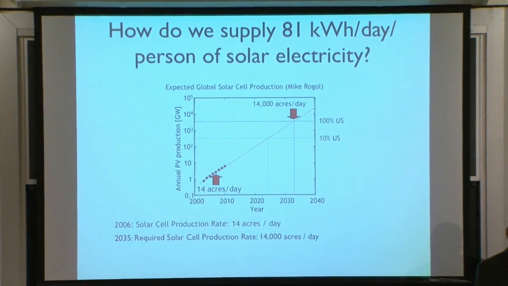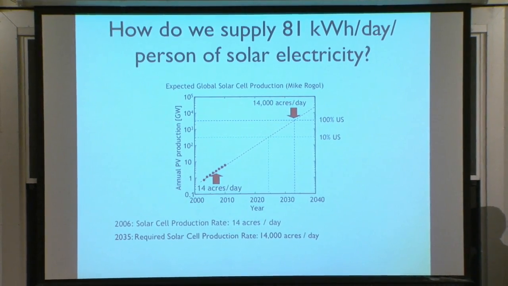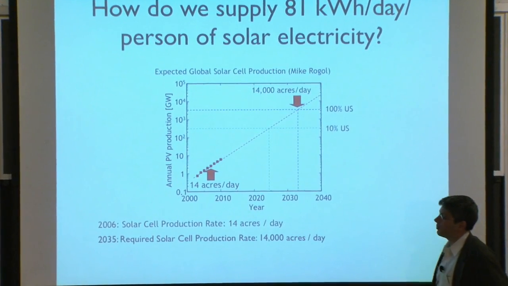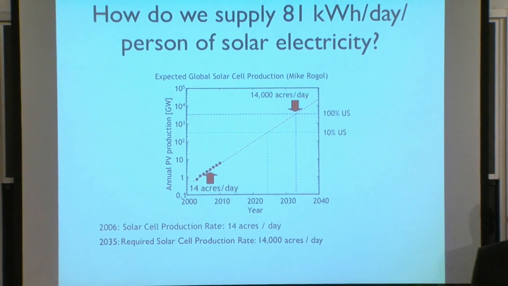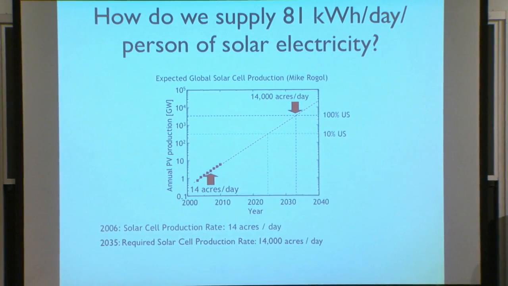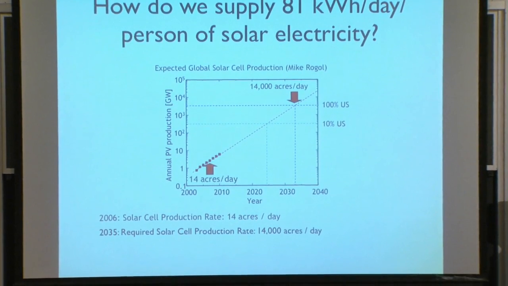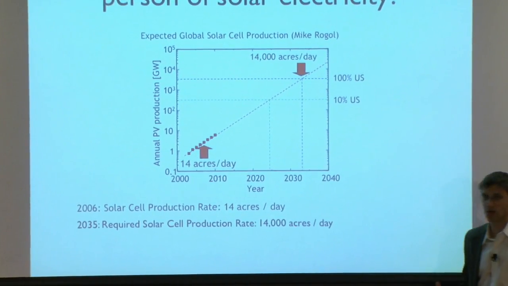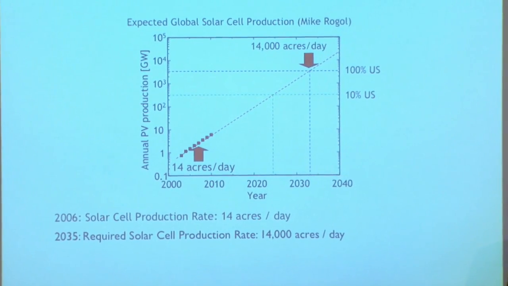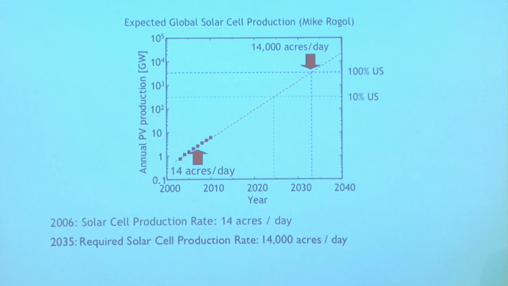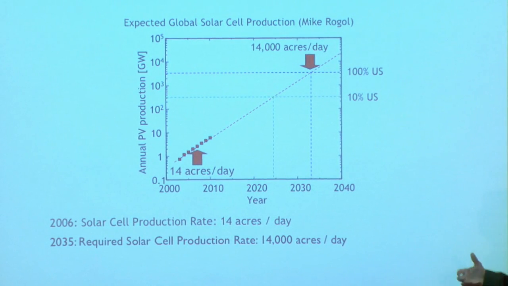Any questions? There's another issue that I just want to mention that a lot of happy-go-lucky PV people don't talk about, which is, again, the production scale. We talk about how we're going to get to 81 kilowatt hours a day per person of solar electricity.